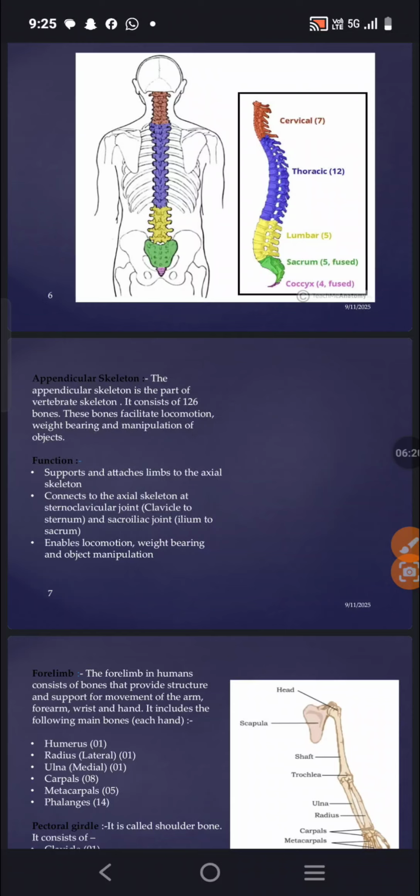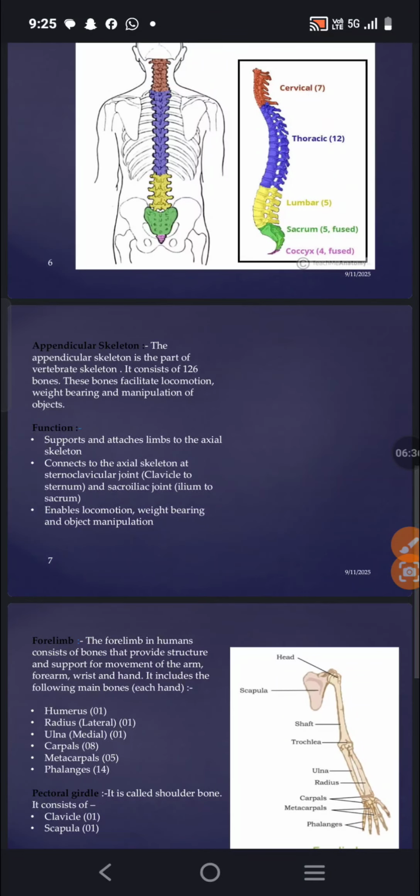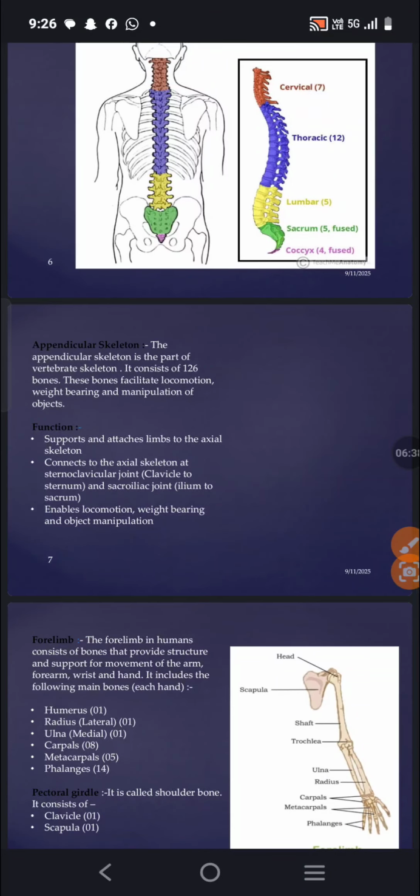As a function, it supports and attaches the limbs to the axial skeleton. It connects to the axial skeleton at the sternoclavicular joint and sacroiliac joint. It enables locomotion, weight bearing, and object manipulation.